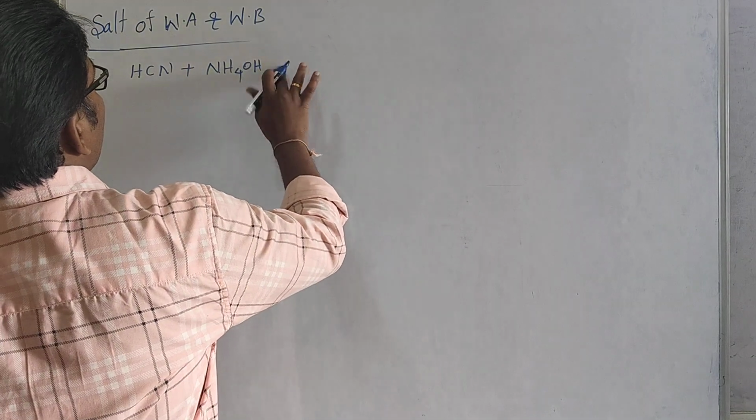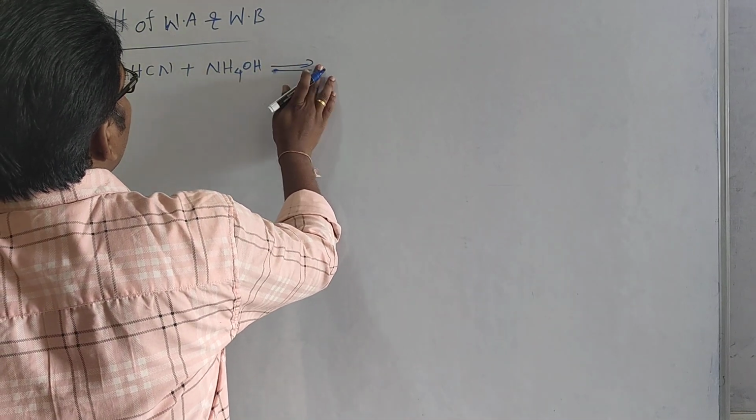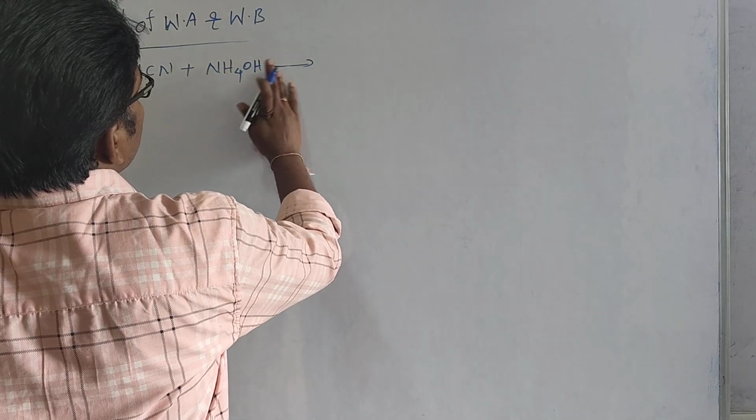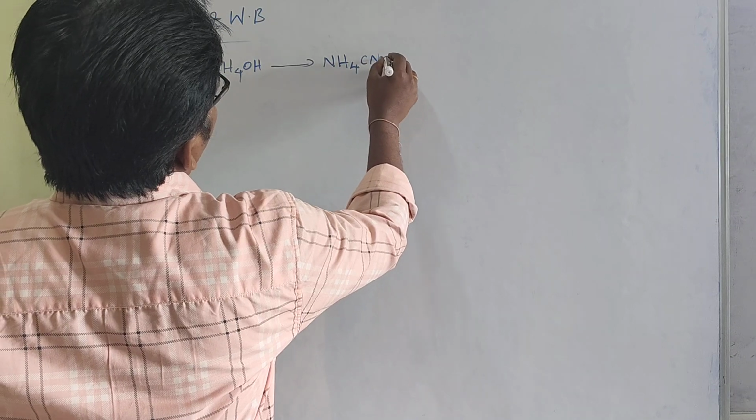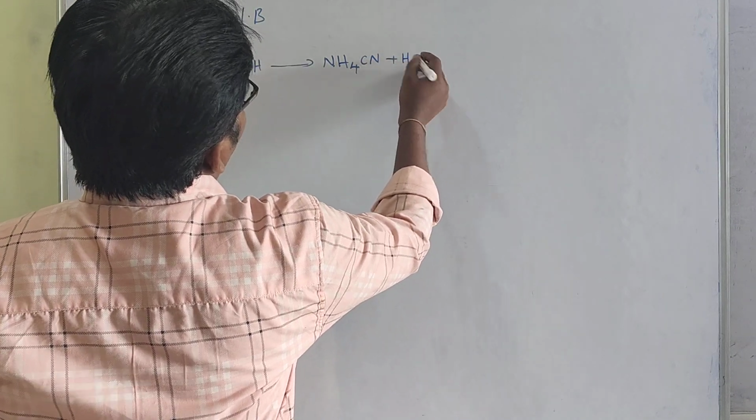So when they are combined with each other, which type of salt will be formed? NH4CN will be formed, plus H2O. Right, exactly.